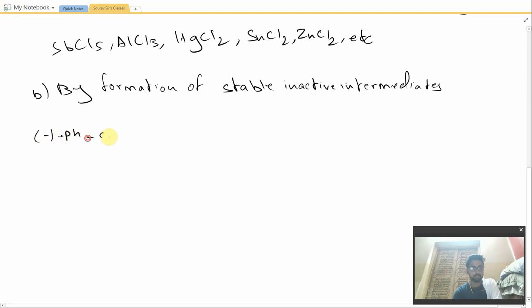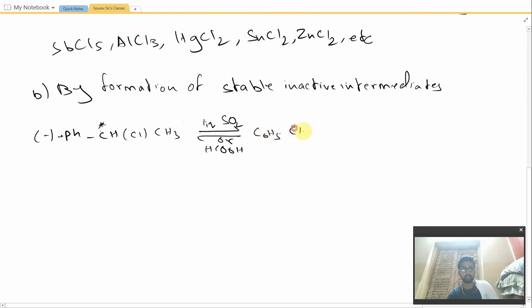PhCHClCH3, this one is chiral, why? It has a Cl and a CH3. If we give liquid SO2 or HCOOH, formic acid, what would be formed? A stable intermediate would be formed, which is C6H5CH=CH2.